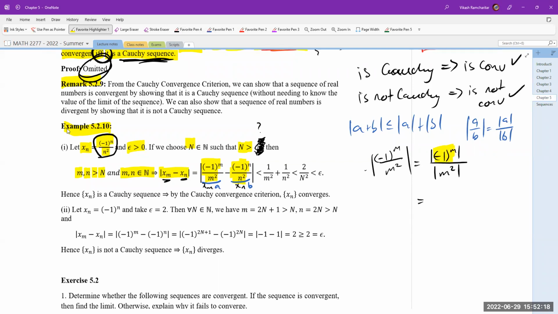This number is either +1 or -1, but the modulus gets rid of any minus sign, so what comes out is always +1. The modulus of -1 to any power is always 1. Just remember that. And m squared, well, m is a natural number, so even if you square it, it's positive. So that's how they got 1 over m squared over here.